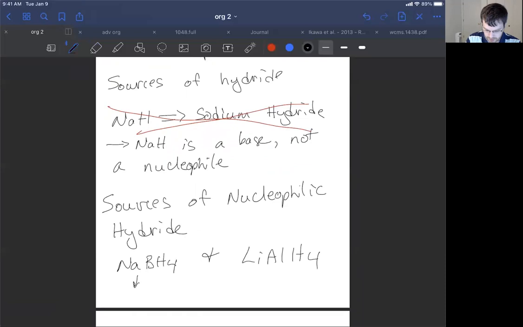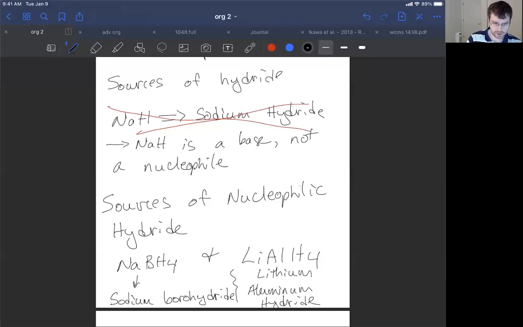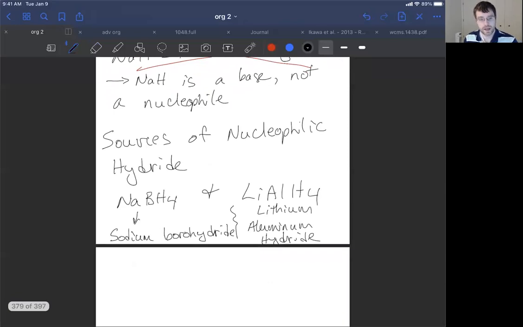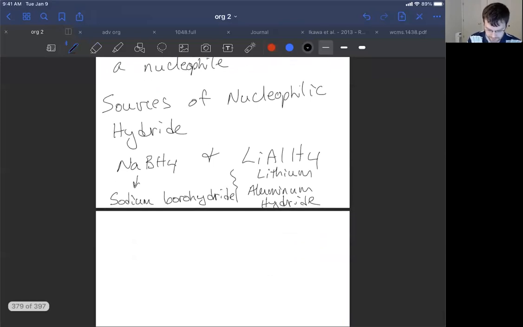The first one is called sodium borohydride, and the second one is lithium aluminum hydride. There are variants of these. Sometimes you see them abbreviated as LiAH for lithium aluminum hydride, but let's just stick with the elemental symbols for now. Okay, so here's the general reaction.